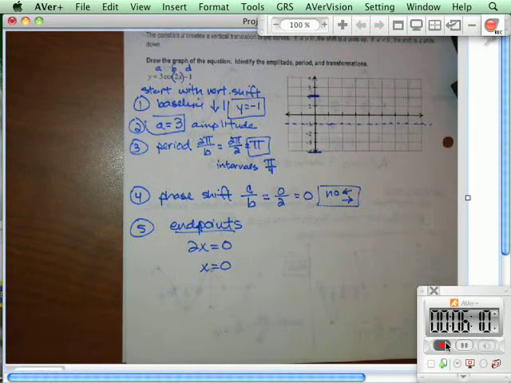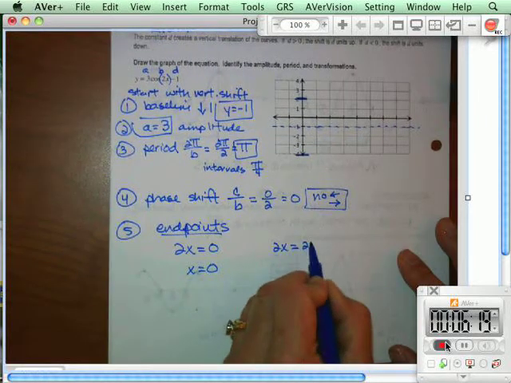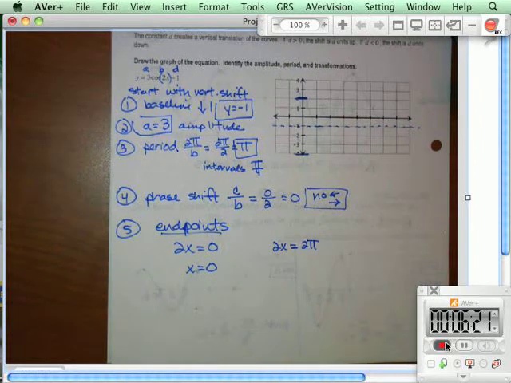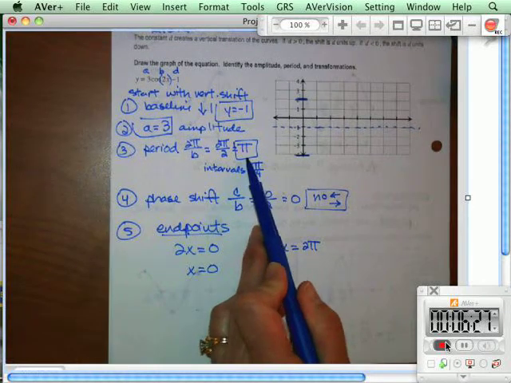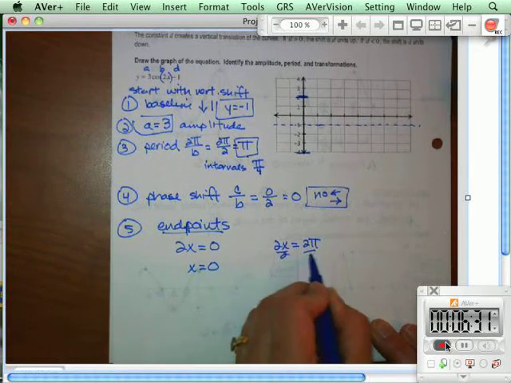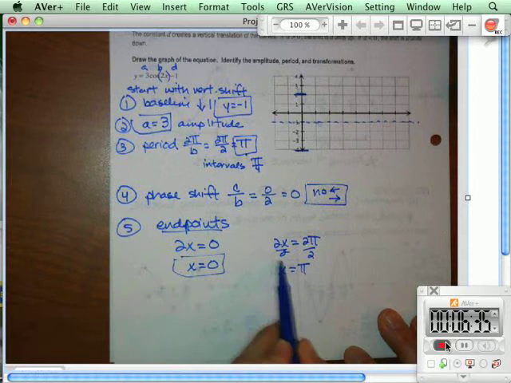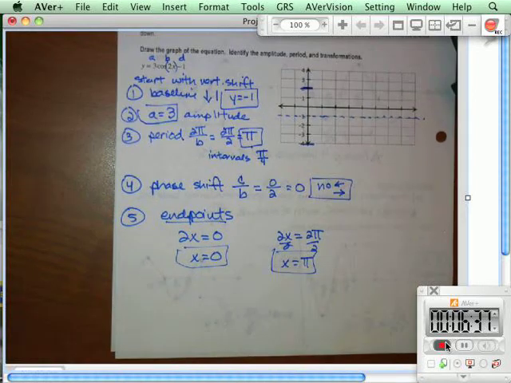I know that because I didn't shift, but just so you can see where it comes from. And then I'm going to do 2x equals 2 pi to find the other endpoint. And it should be what? Because what's our period? Pi. We didn't shift at all left or right, did we? So divide by 2, x equals pi.